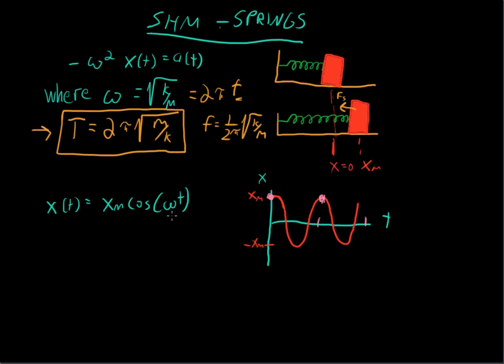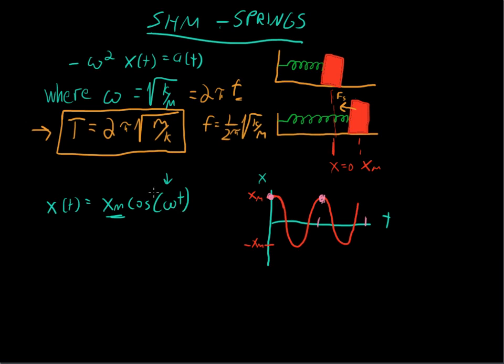There are some more things we can throw in there, but in this case this is all we really need. This tells us the rate of oscillation, so how rapidly it goes through each cycle. This tells us where we are in a particular cycle, and this tells us how far away from the equilibrium to go in each case.